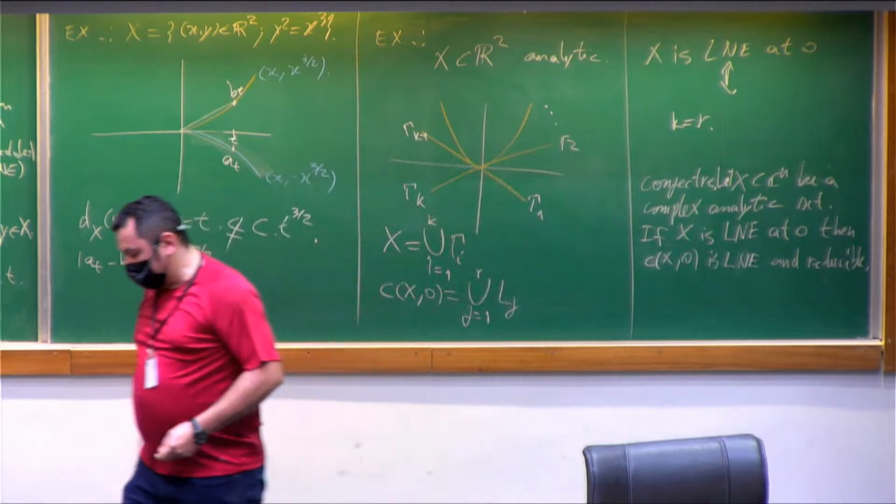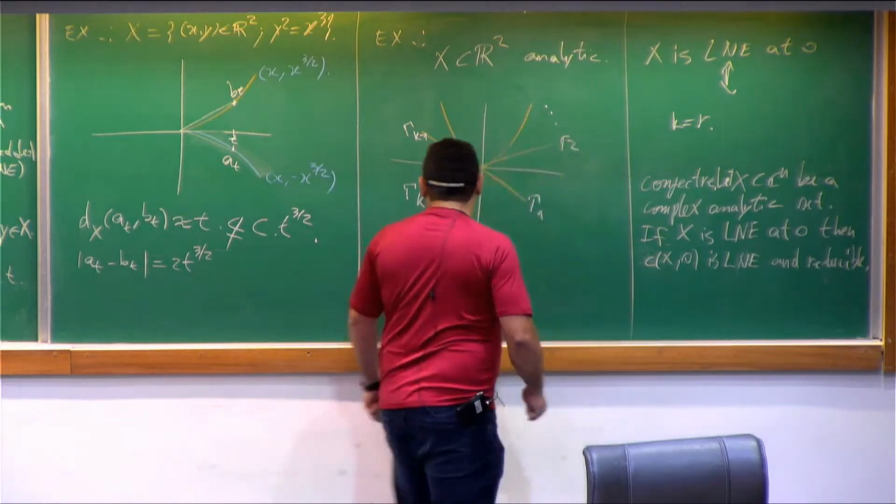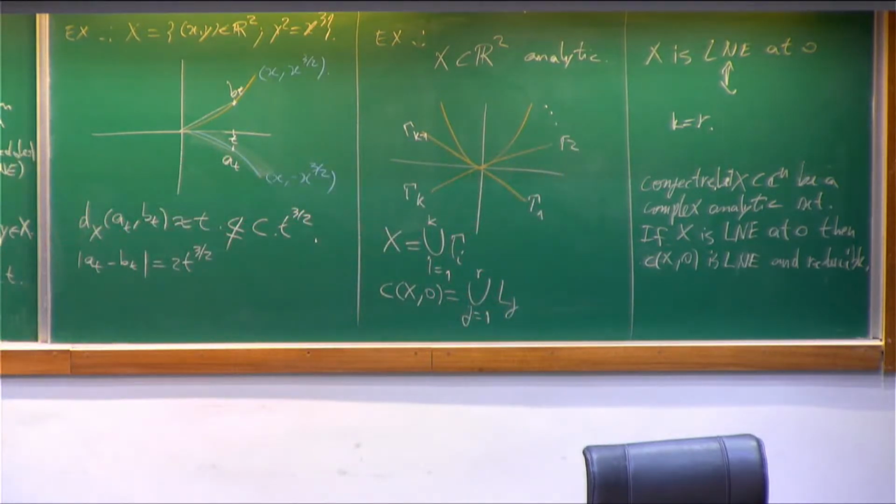Reduced here means, as I said in the last lecture, the tangent cone is given by the zero set of all initial parts of f, such that f is in the ideal of X at 0.